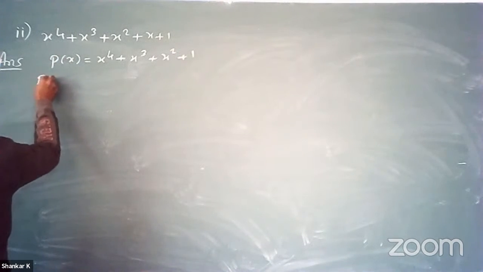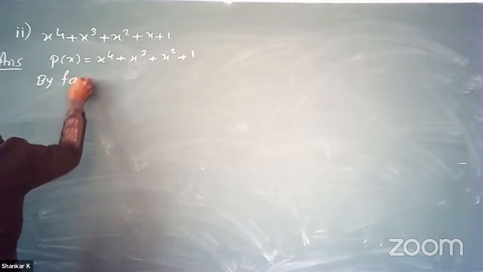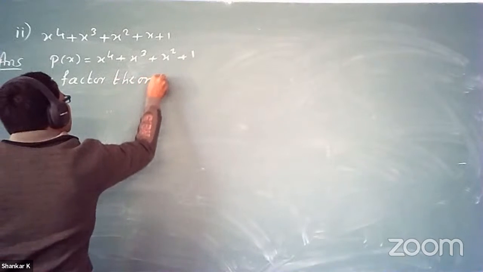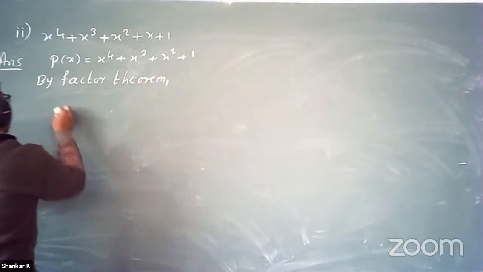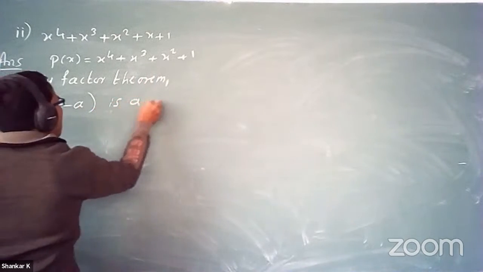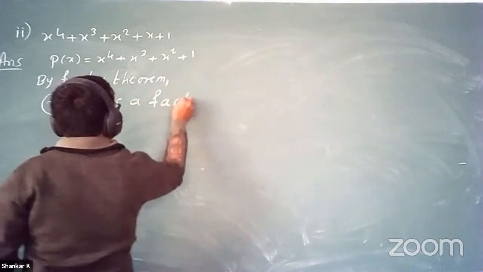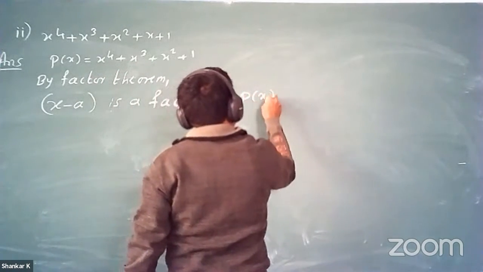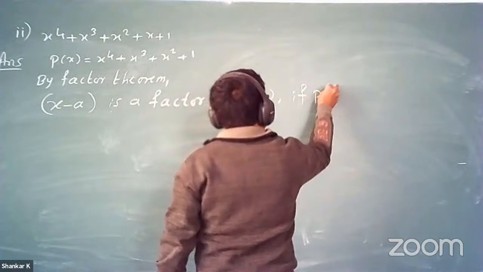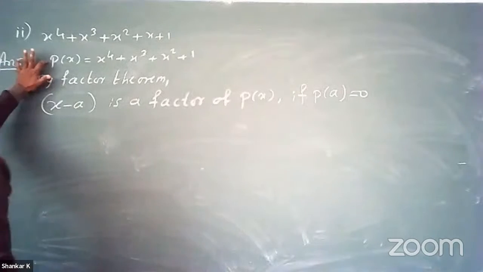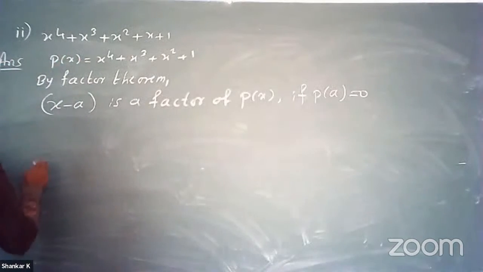By the factor theorem, x minus a is a factor of p of x if p of a is 0. Here we are dividing p of x by x plus 1.